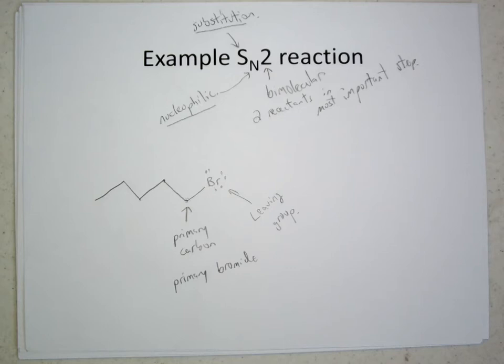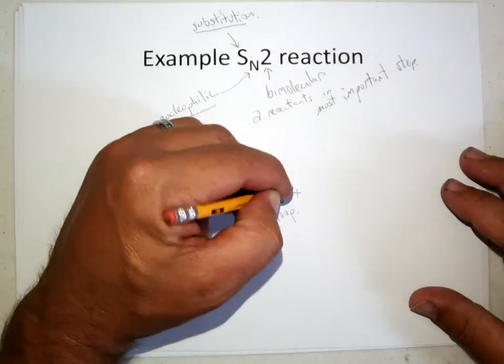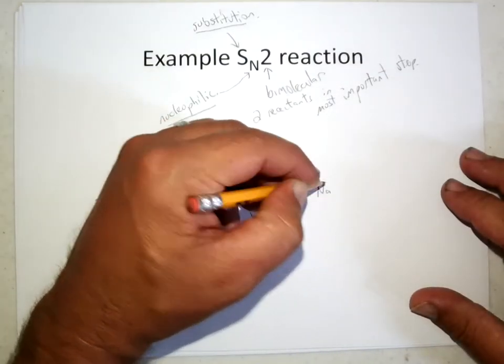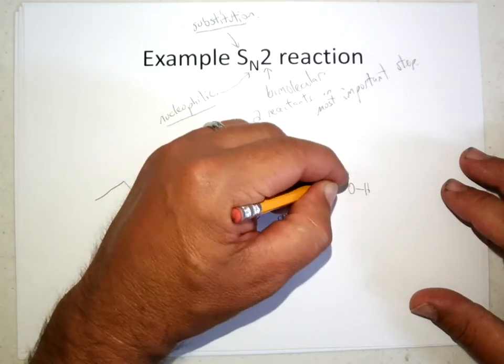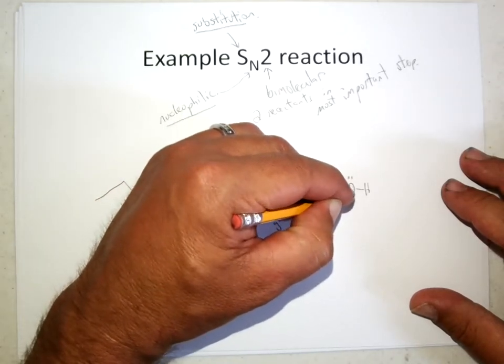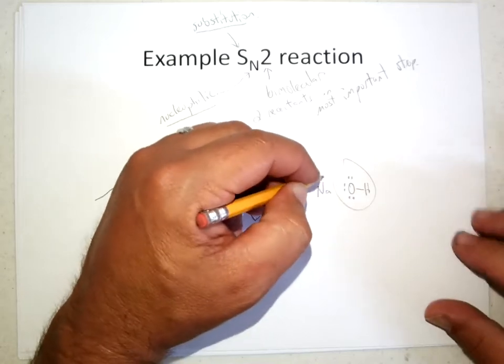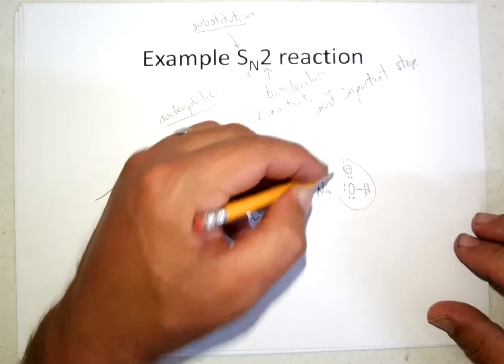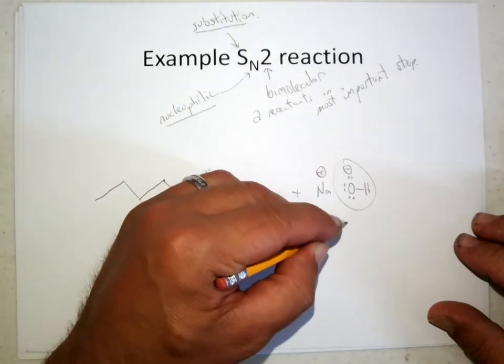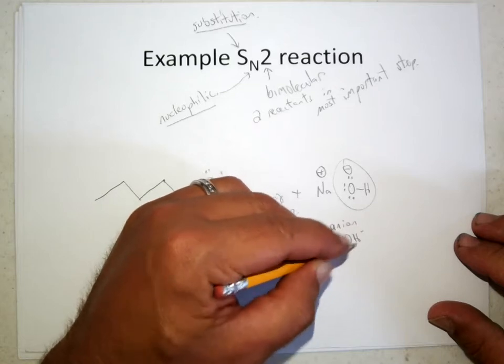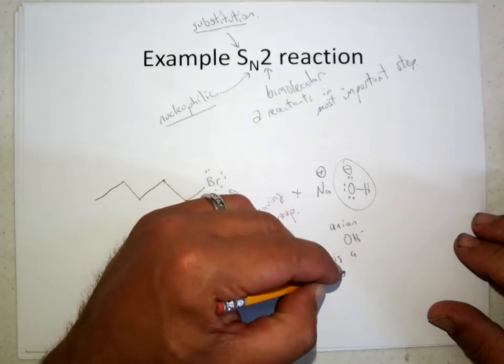What we would need to invoke a reaction is a nucleophile. You should look in your book and see which things are good nucleophiles. But a classic would be something like sodium hydroxide. The anions are typically nucleophiles, so the anion OH minus is a nucleophile.